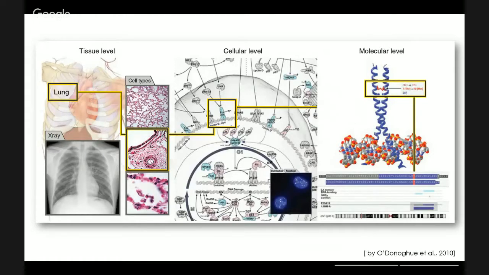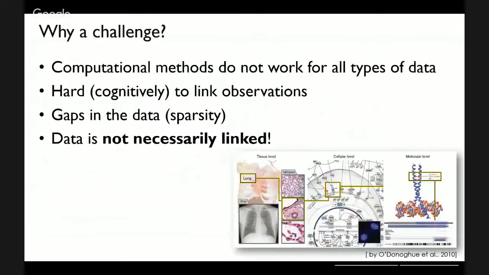From the very high level of organs, from the lung level, you can go all the way to the molecular level, and all of these different levels have some degree of interaction between them. But analyzing and understanding and making these multi-scalar links from one scale to the other is quite a complex task.